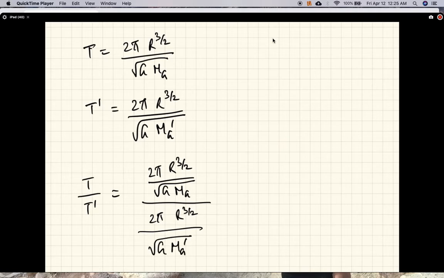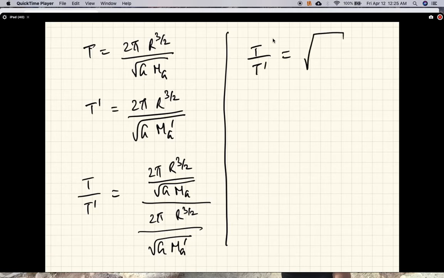Everything cancels, and here's what you get: T over T prime is the square root of M_g prime divided by M_g.